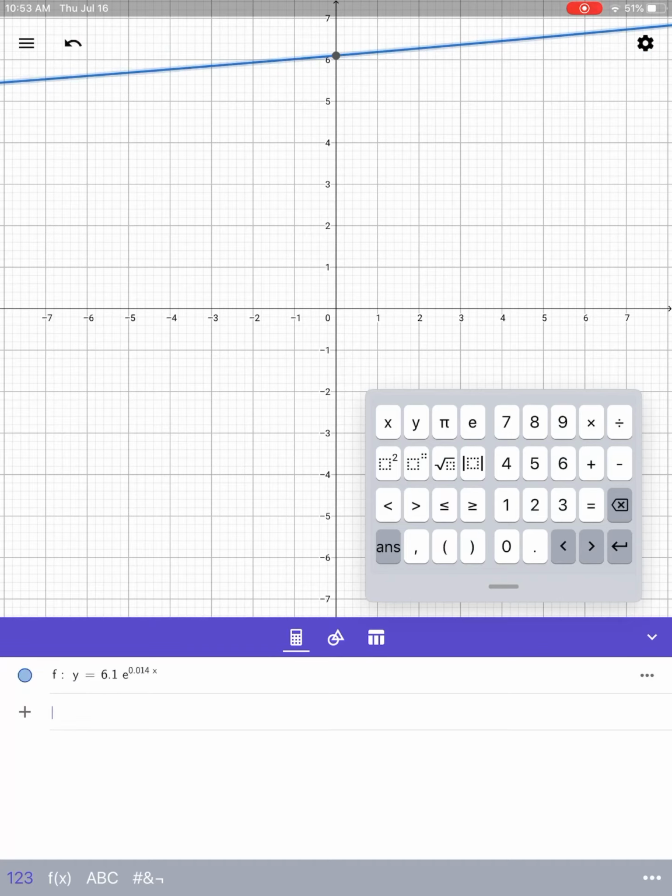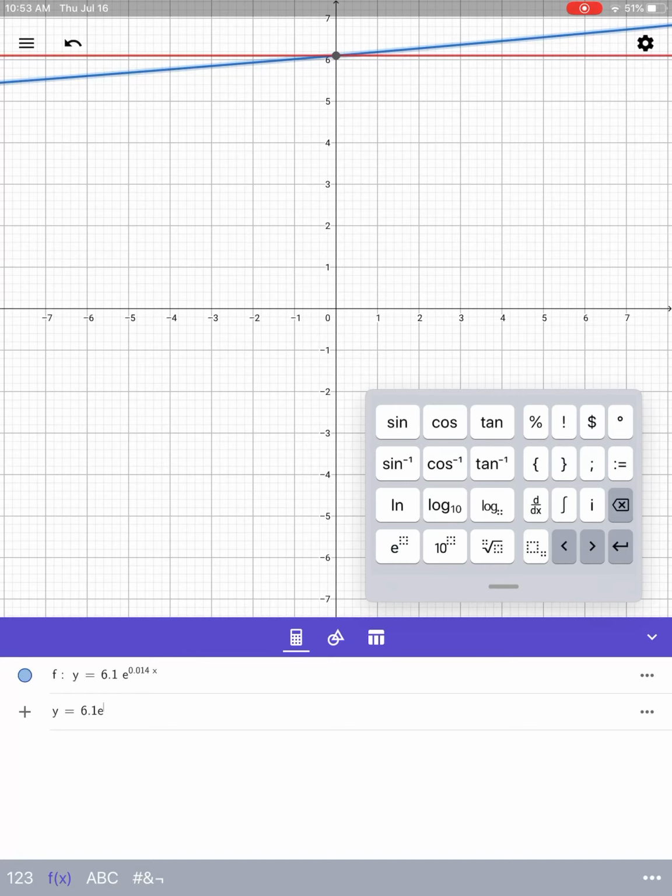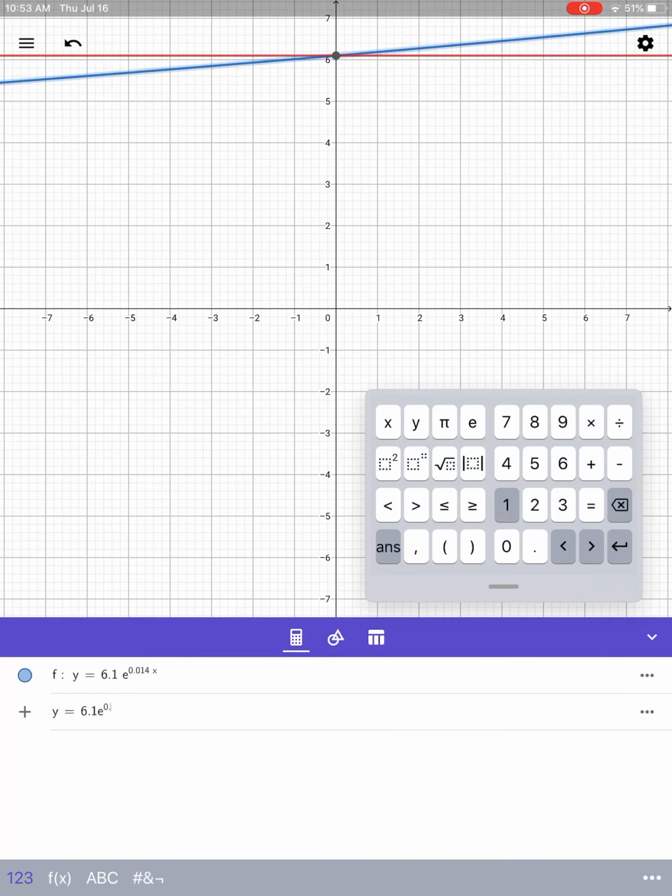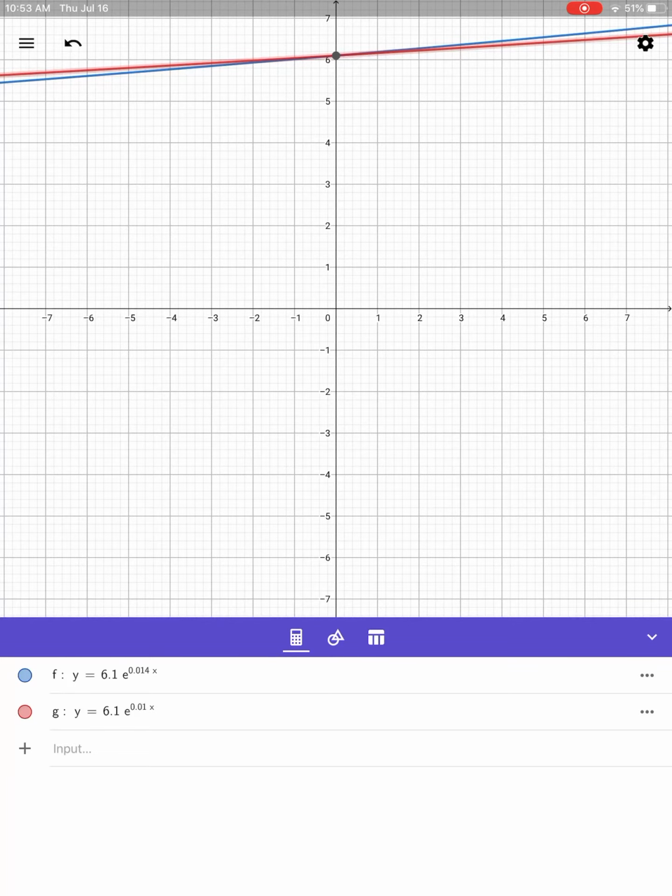So this is one equation, and the other one is y equal to 6.1 times e to the power of 0.01 x. So these are the two graphs.